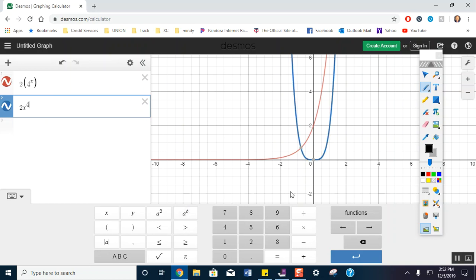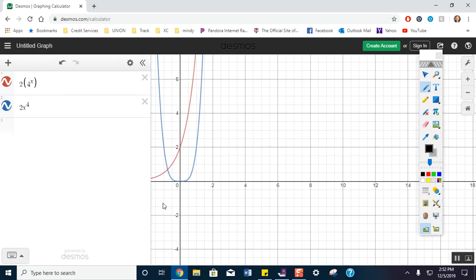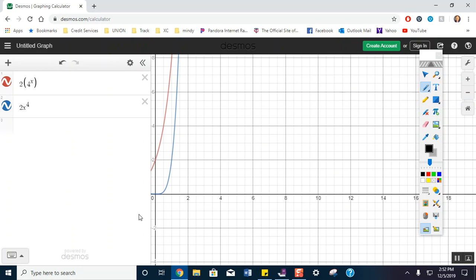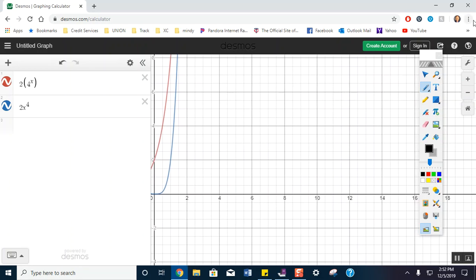If we look at this in terms of x going toward infinity, looking at positive values, which function already appears to be dominating? The red one. Now I'm going to zoom out a little bit.